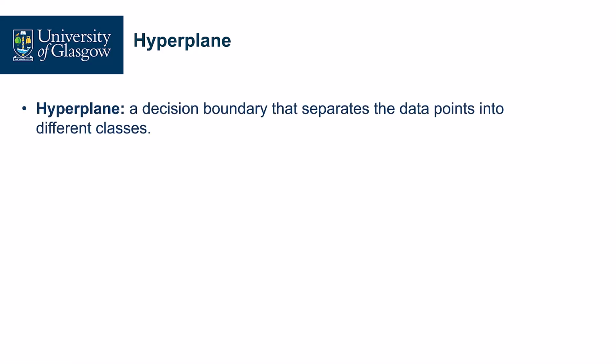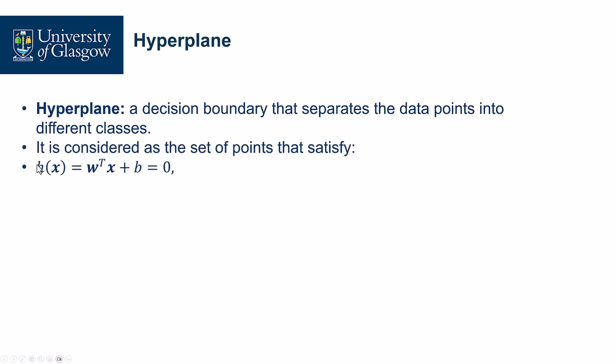We first see the hyperplane. The hyperplane is a decision boundary that separates the data into different classes. We can consider it as the points that satisfy the following equation: the hyperplane h(x) equals w transpose multiplied by x plus b equals 0. Both w and x are vectors, so we can see it is w1 multiplied by x1 plus w2 multiplied by x2 up to wd multiplied by xd, and plus b equals 0.